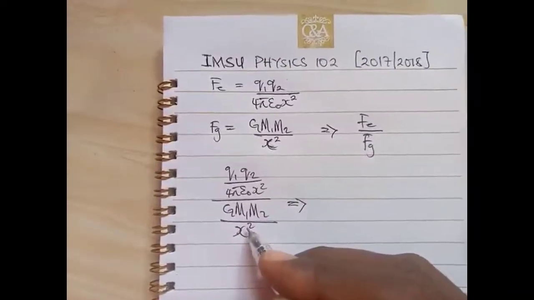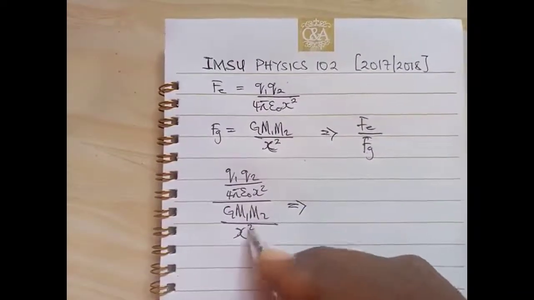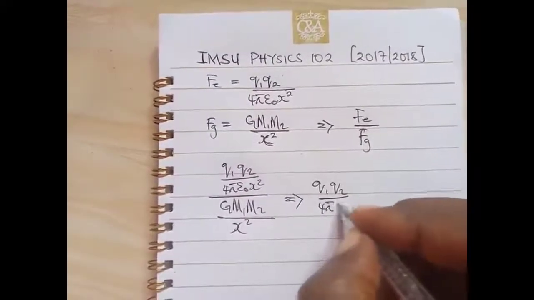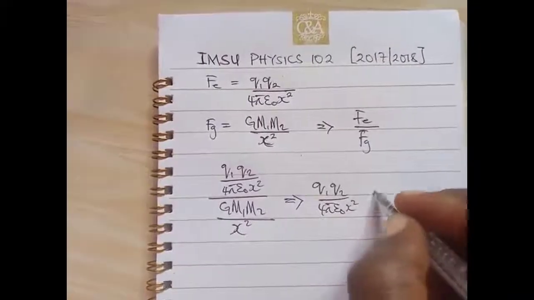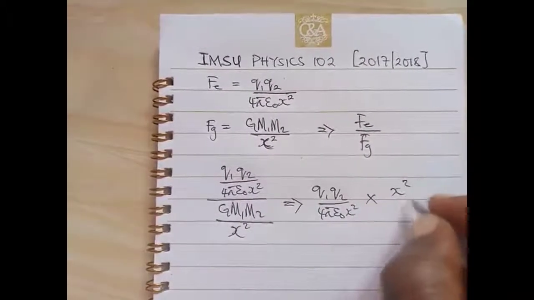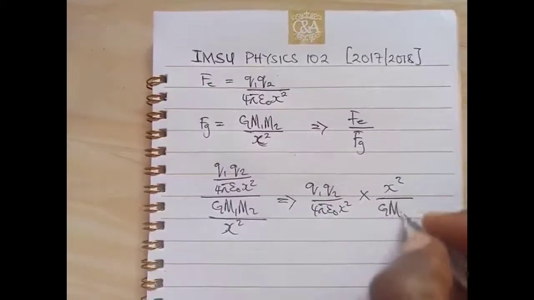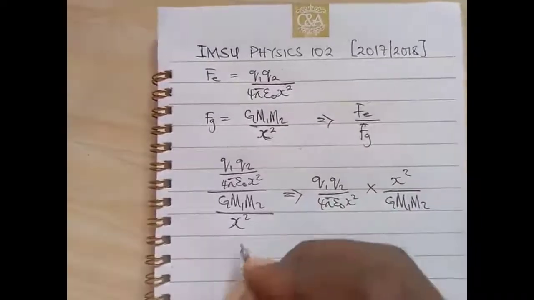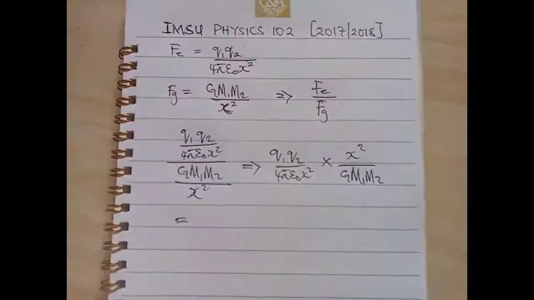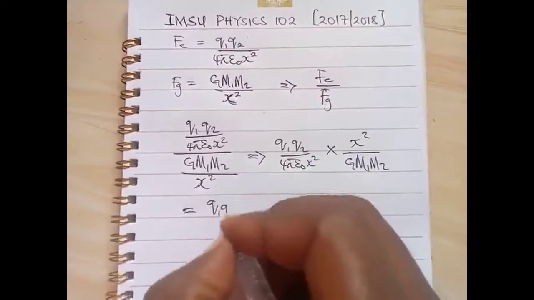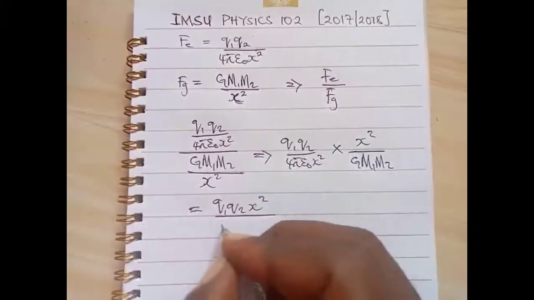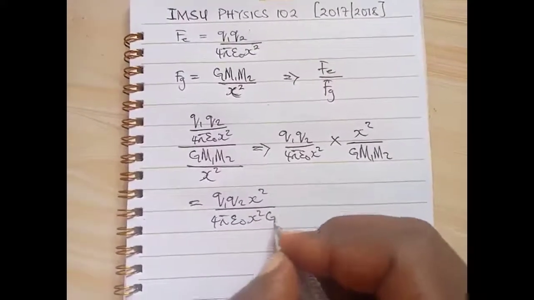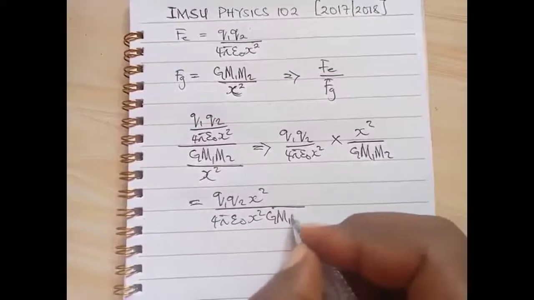So mathematically, we introduce multiplication and invert this, which will give us Q1 Q2 over 4 pi epsilon naught x squared times, we now invert this, x squared over G m1 m2. If we multiply, we have Q1 Q2 x squared over 4 pi epsilon naught x squared G m1 m2.